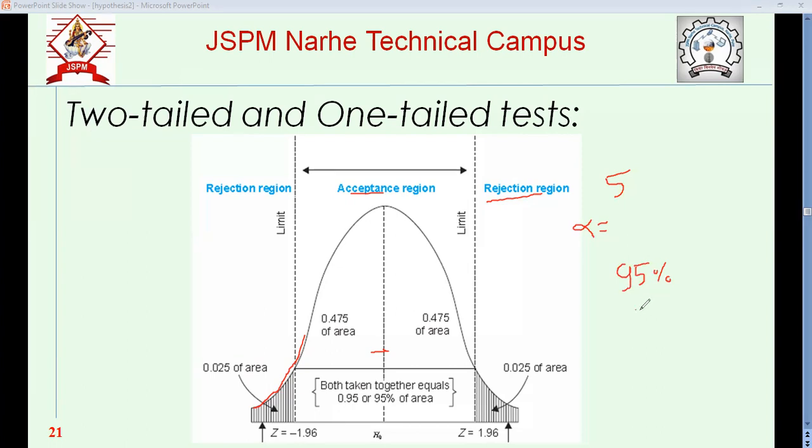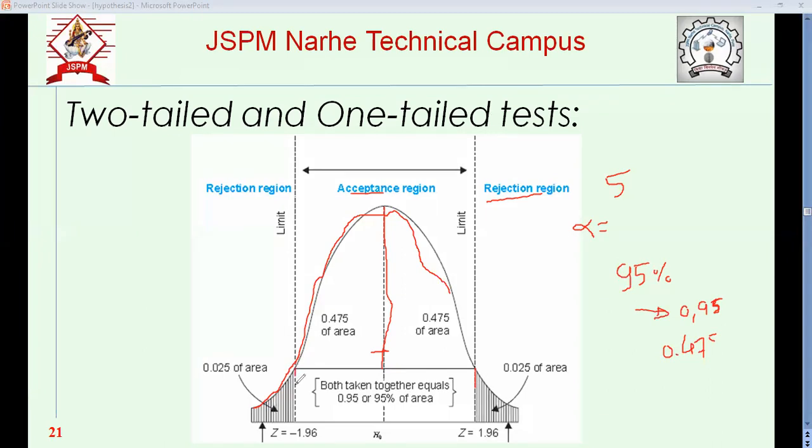When a percentage is converted into a fraction, divided by 100, it becomes 0.95. Now this curve is symmetric, so we need to distribute half of this 0.95, which is 0.475, on either side.